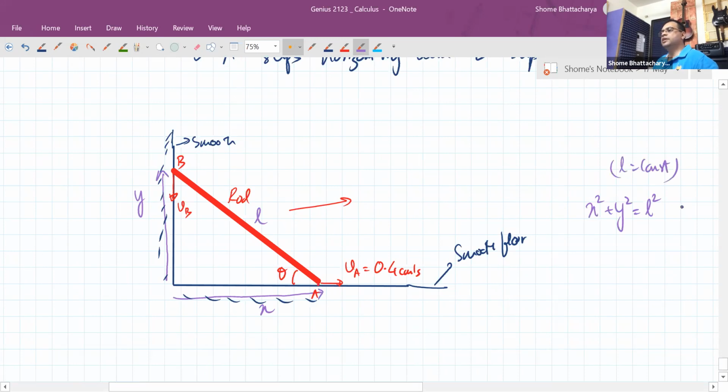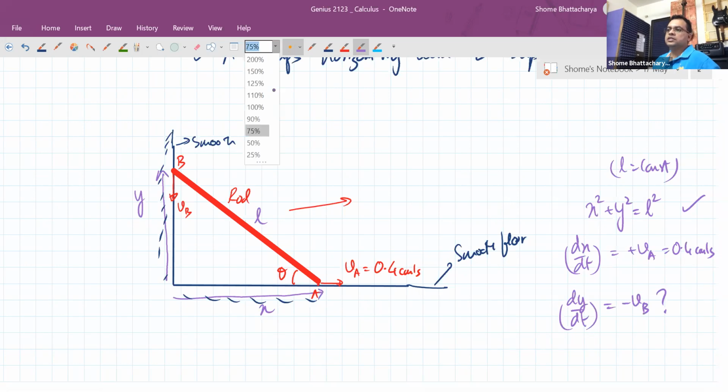This is my constraint. The rate at which x is increasing, dx by dt, is equal to the instantaneous velocity of the point A, which is 0.4 centimeters per second. Whereas the rate at which y is changing is a negative quantity, because y is decreasing with respect to time, and that should be equal to minus VB, which I don't know.